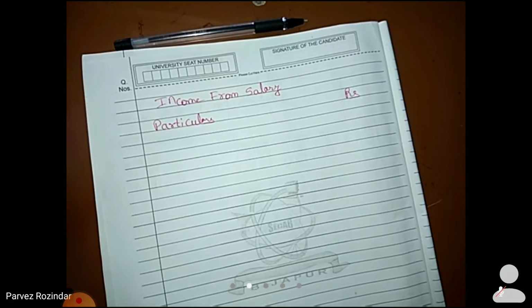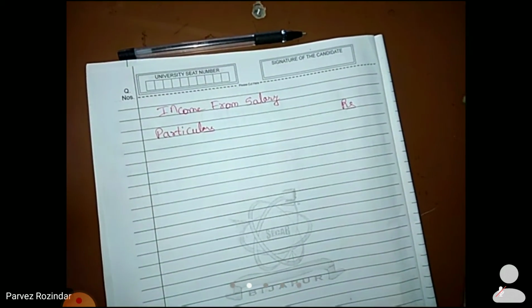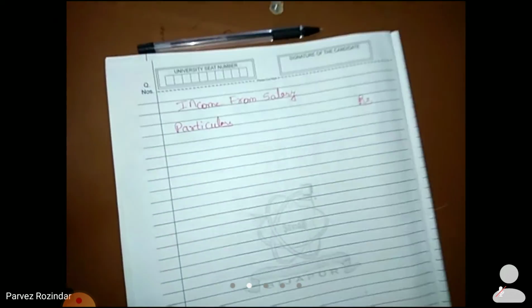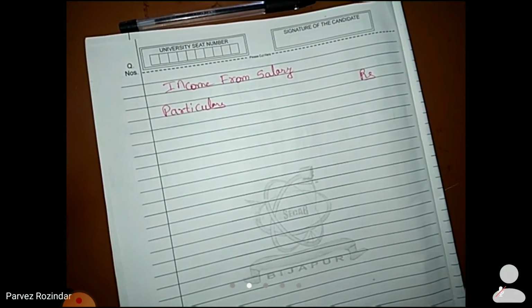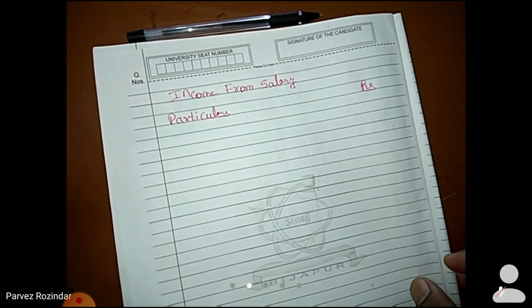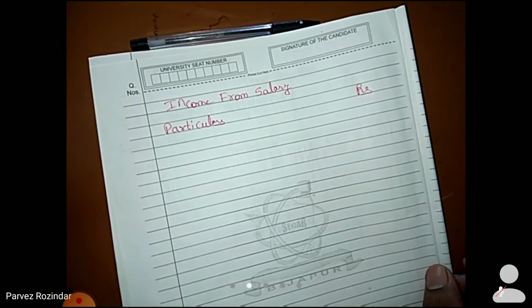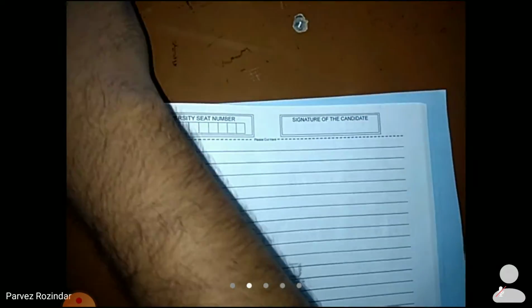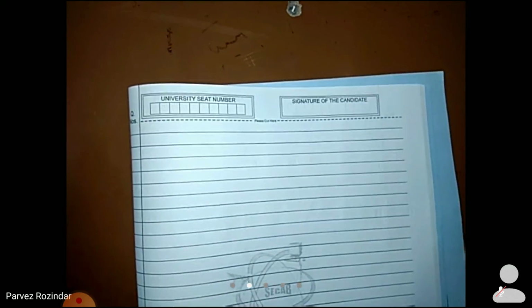We need to calculate the taxable house rent allowances. So the taxable house rent allowances is the first working note.